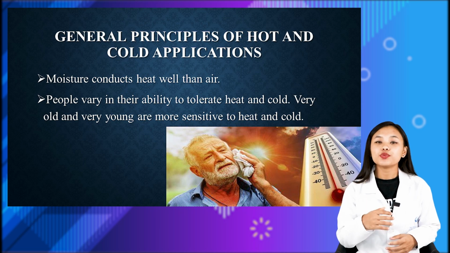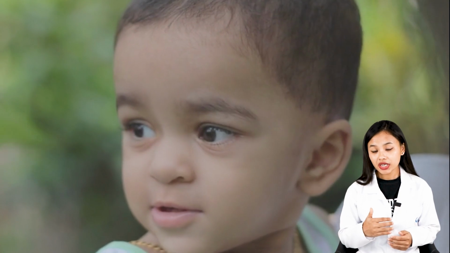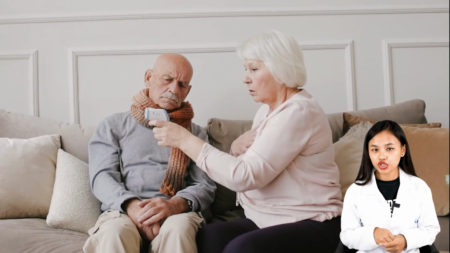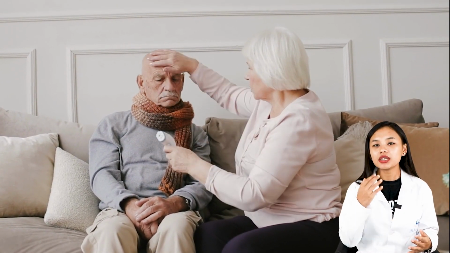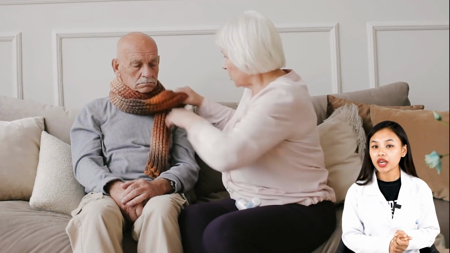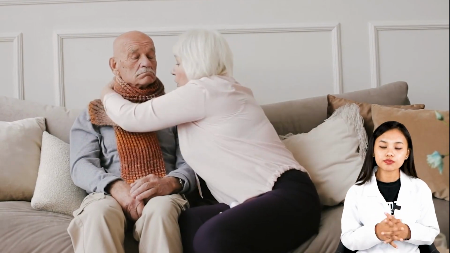As we know, the younger ones, that is the children, as well as the older adults, are more sensitive to cold and heat. So the ability of one to tolerate temperature may vary depending on their condition as well as their age.